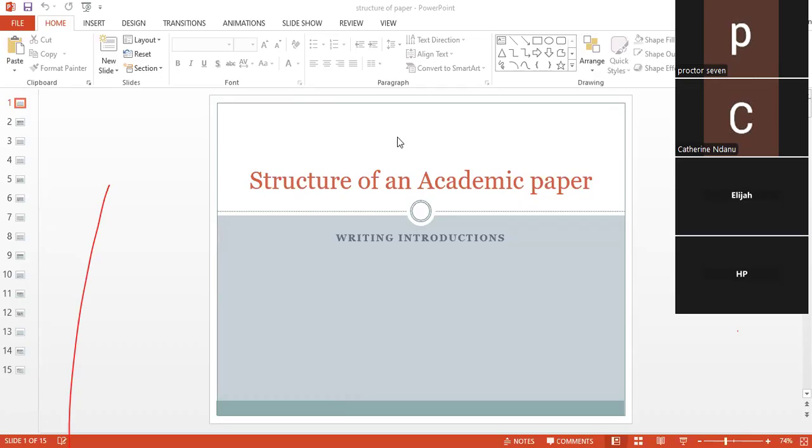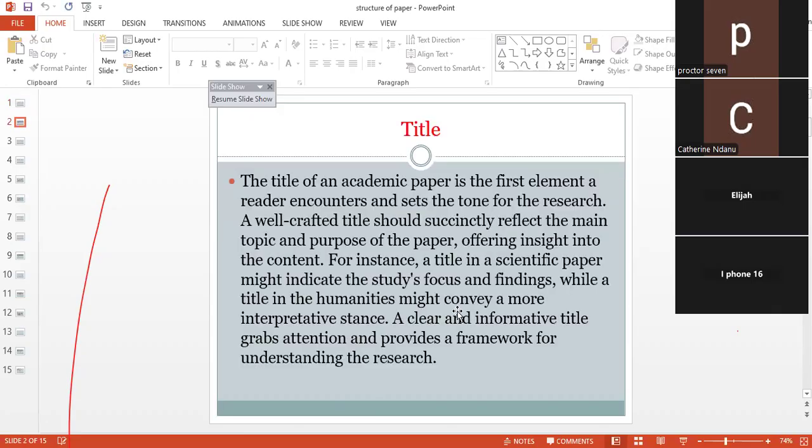So, the structure of an academic paper. Academic papers are not like any other papers. When we say paper, we are talking about a research work. A paper refers to a scientific work.